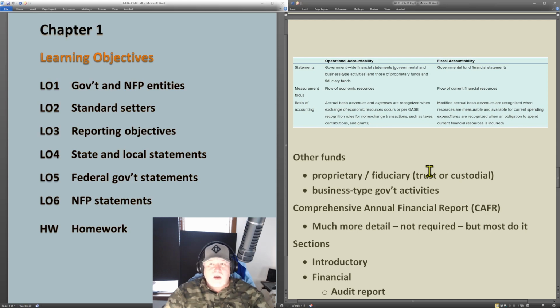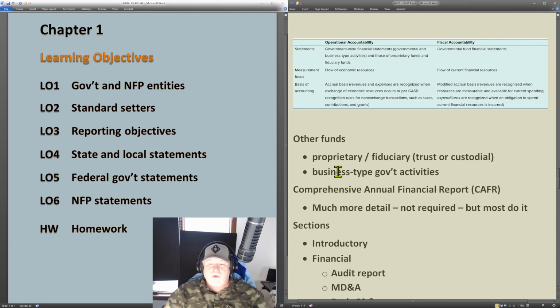Now there are some other types of funds, and these are called proprietary or fiduciary type funds. Now these are like when I set up my mother's trust or something like that. There are times when people have created trusts. I'm trying to think of one off the top of my head, but I can't think of a good one.